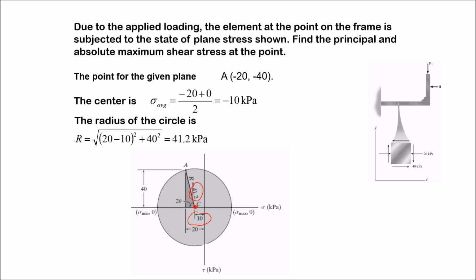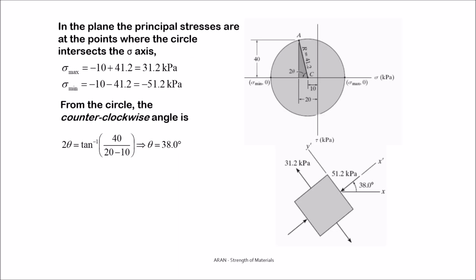Well, the question is to find the principal and the absolute maximum shear stress. The principal stresses are where the circle intersects with the x-axis. That's the minimum and that's the maximum. These values you can find with the help of the location of the center and the radius.